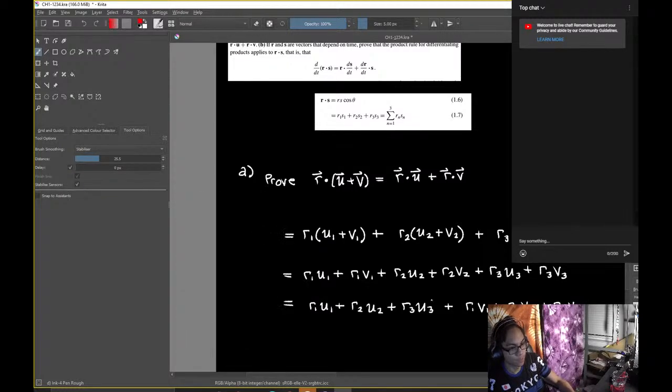Now would you look at that? These guys are together, and these guys are together. And what do those look like? They are basically dot products. Putting it all together, you have r dot product with u, and then plus vector r dot product with v.